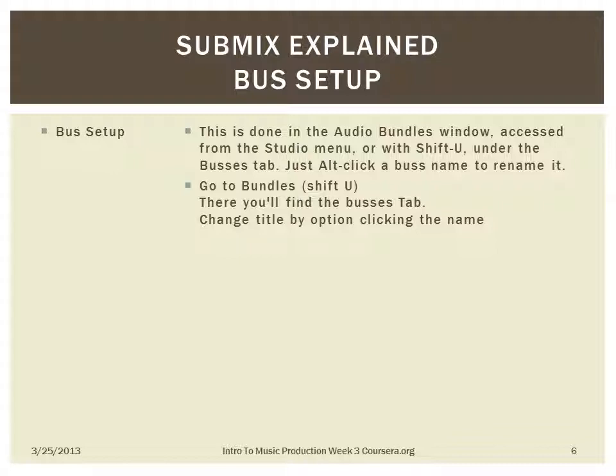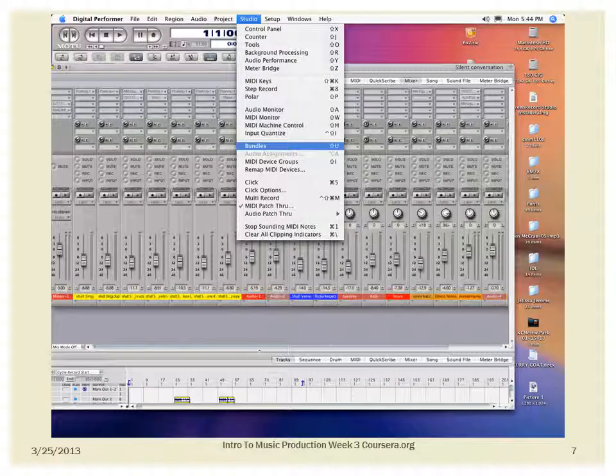Okay, so this is done in the Audio Bundles window. It's accessed from the Studio menu, or you could just do Shift U, and that should bring up a bus window. So you go to Bundles, or you press Shift U, and then you'll find the Buses tab, and then you could change the title by either option clicking or just double clicking on it.